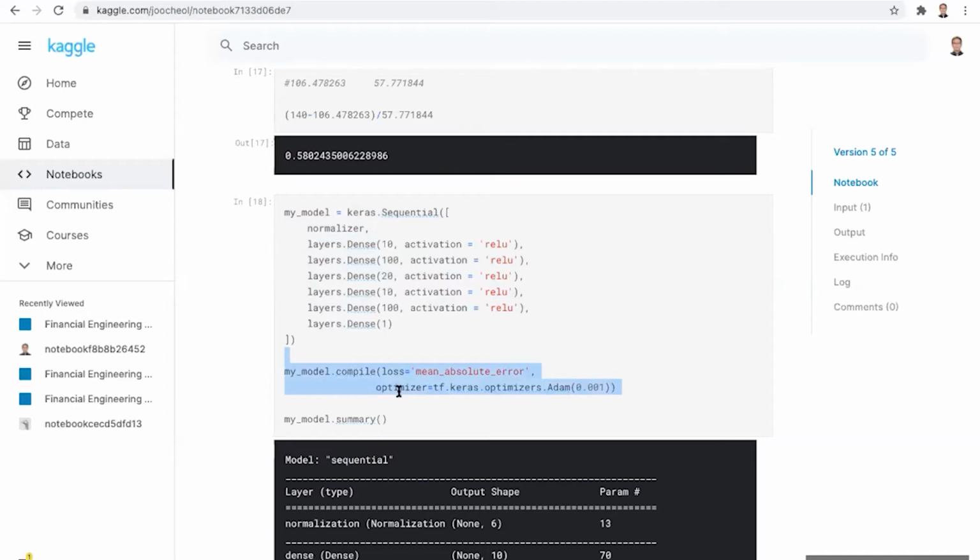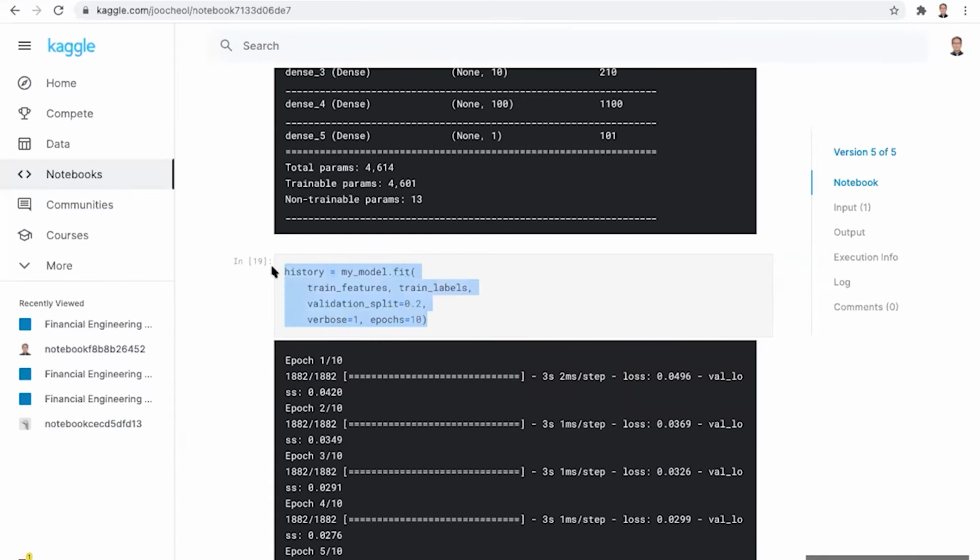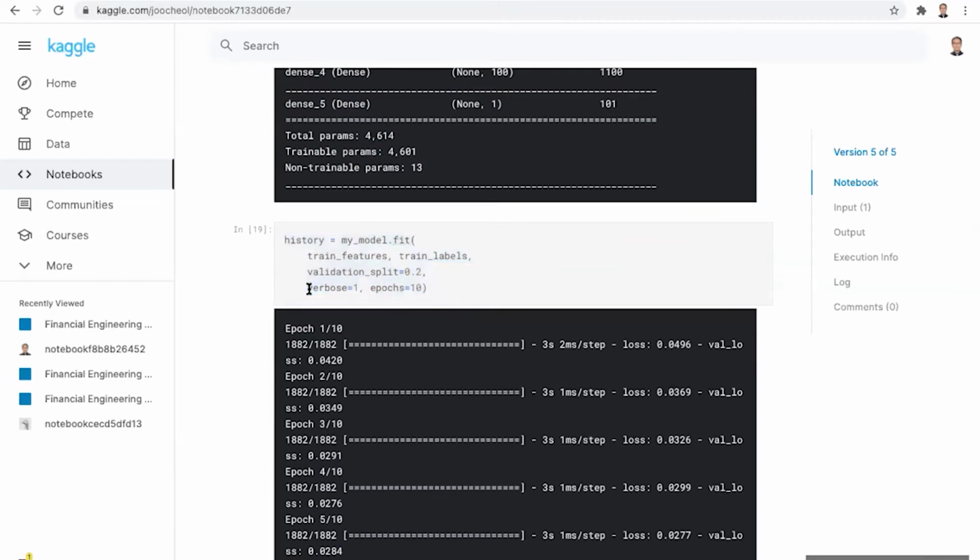One is loss, the other one is optimizer. And then fit your model by providing what is your X and what is your Y. The validation split is important to see whether it is overfitted or not, but it is not necessary for the submission. And the verbosity is not necessary. We just need how many epochs, and X and Y.